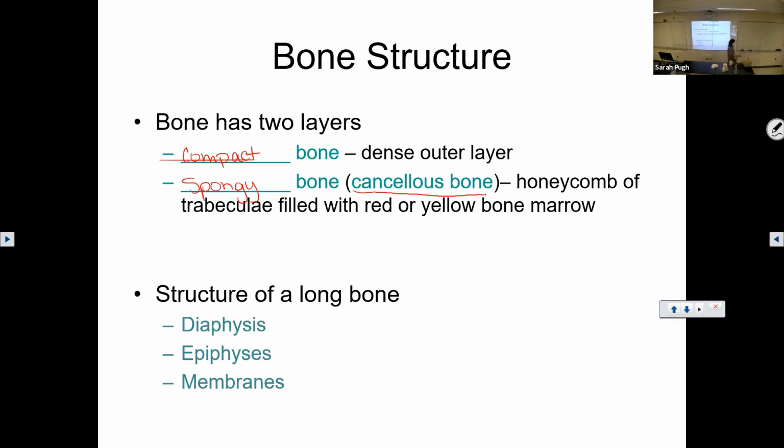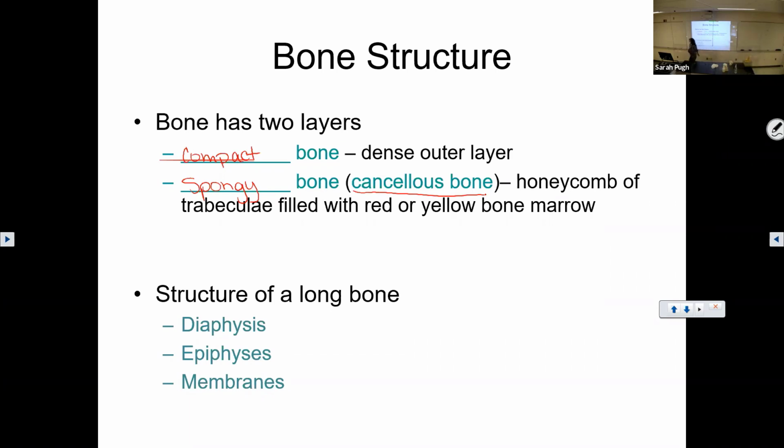Again, you looked at this model last week, where it looks like tree rings up in here. This is all compact bone. It's very compact. Spongy bone would be at the end here, where you have all these holes in it. Okay? So those are the two different kinds of bone that we have.